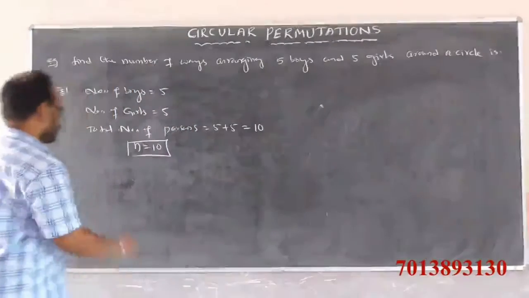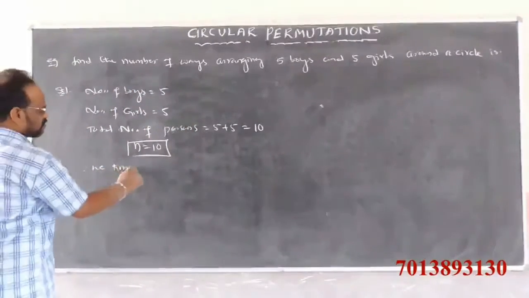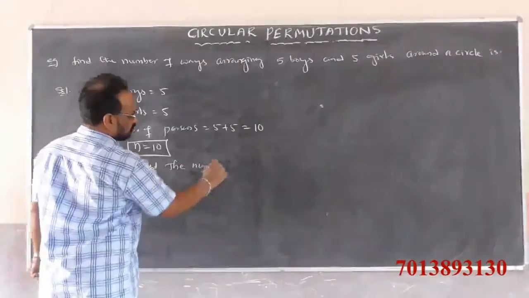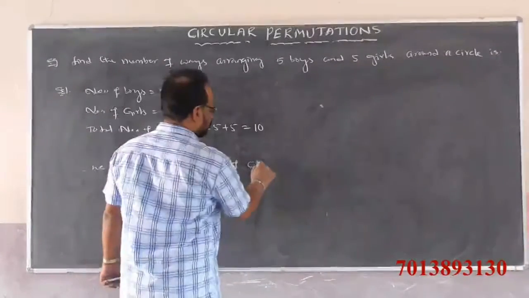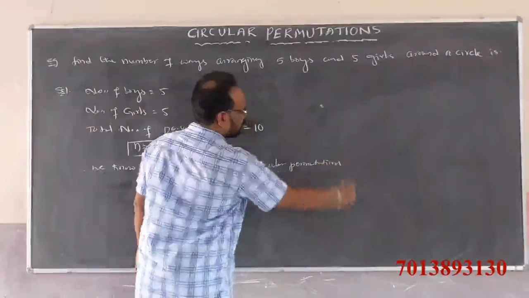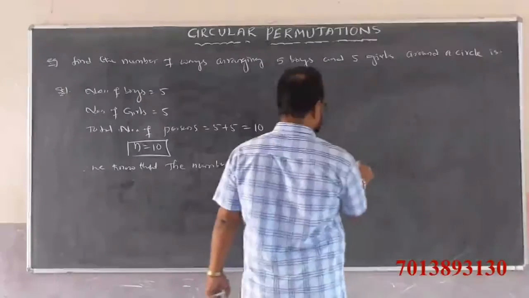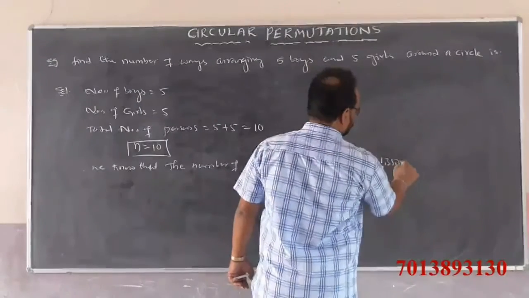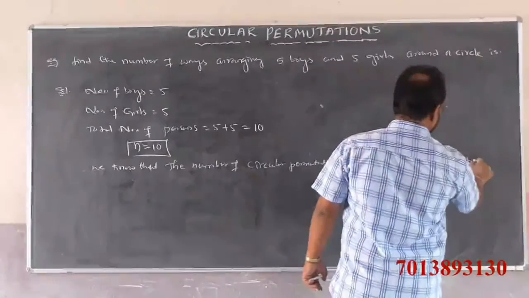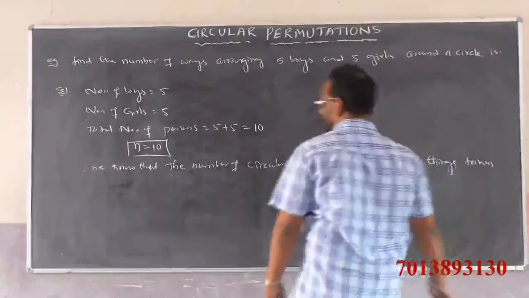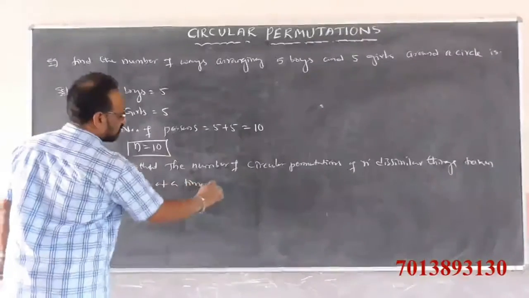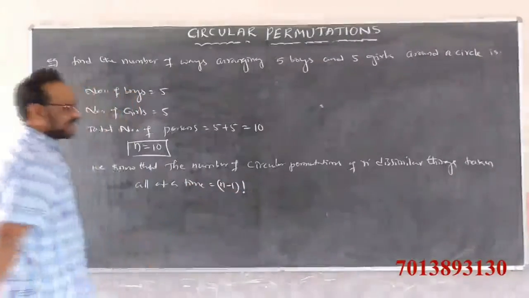We know that the number of circular permutations of n dissimilar things taken all at a time is equal to (n minus 1) factorial.